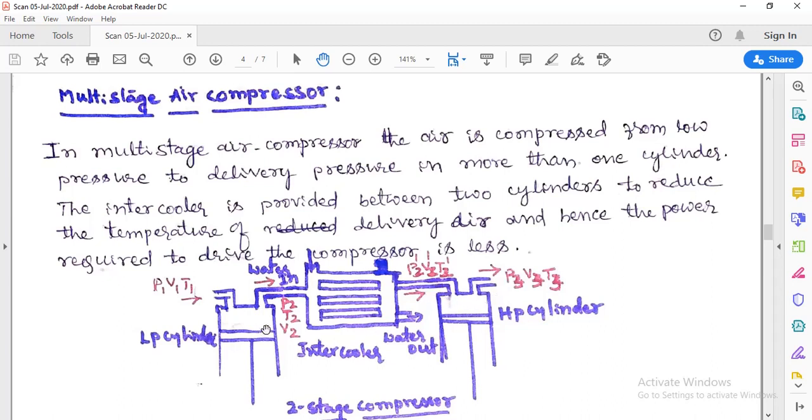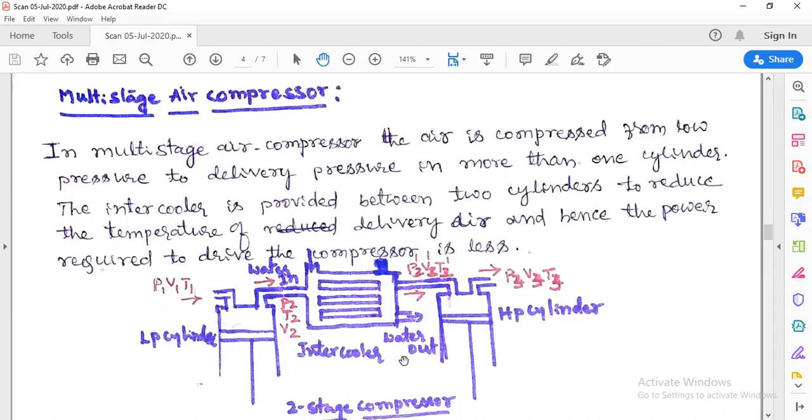Whereas in the LP cylinder, the pressure increases from low pressure to the intermediate pressure. P2 here is the intermediate pressure, P1 is the initial pressure, and P3 is the delivery pressure.